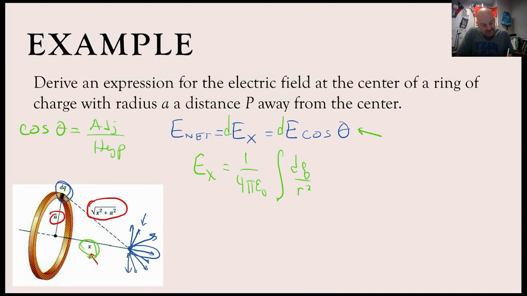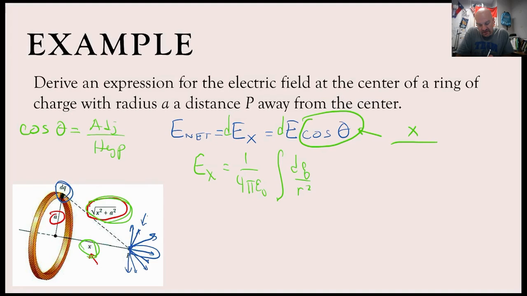Well, x is your adjacent, and the square root of x squared plus a squared is your hypotenuse.